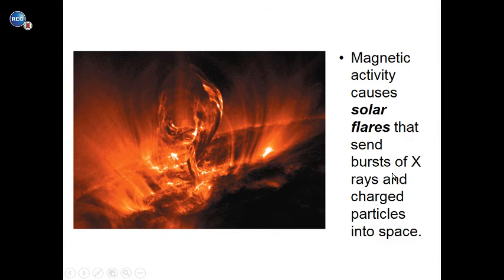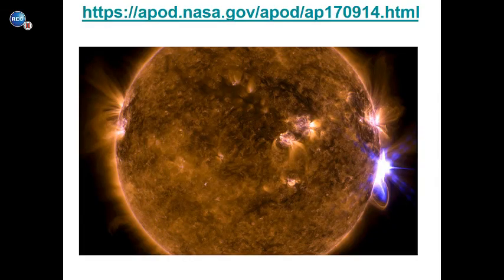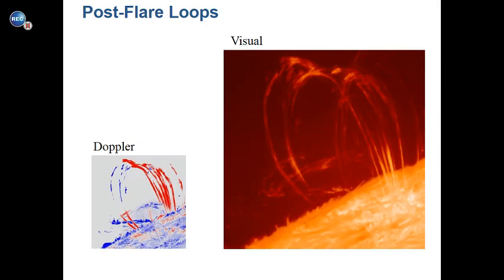And stronger activity gives solar flares, which throws matter out into the atmosphere, and eventually you get bursts of particles and X-rays that fly out into space. And so you'll see different loops after flares. You see the magnetic field and particles that are remaining in the loops.